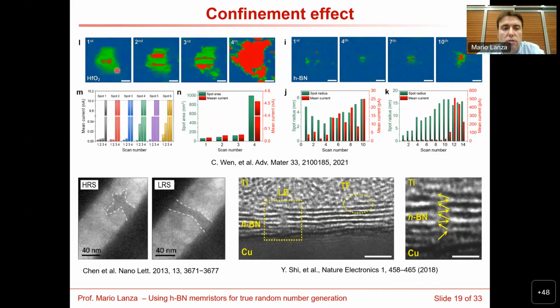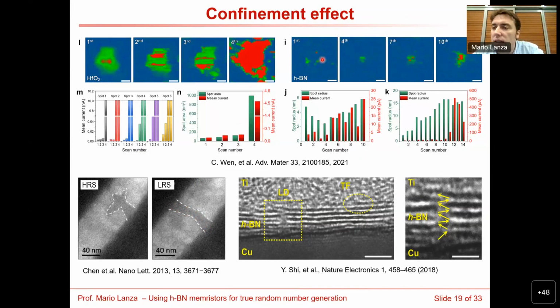If you start to apply a sequence of current maps in the same spot, the one in hafnium dioxide will grow relatively fast until producing the dielectric breakdown, forming a filament and expanding laterally. You see that it expands laterally, and there is a sudden jump and triggers the breakdown.